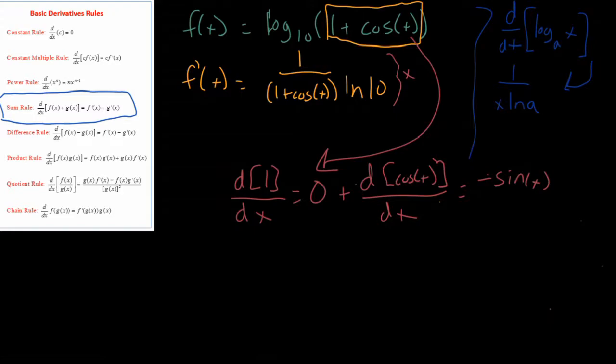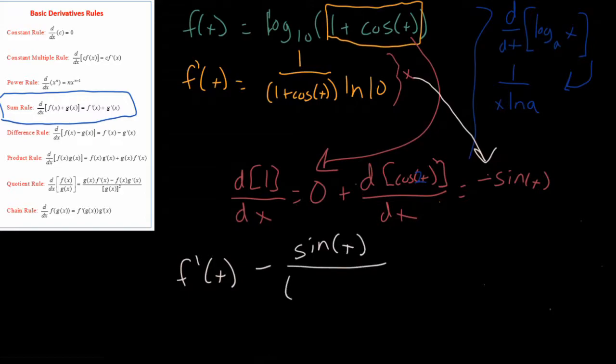And it's important too that if this was cosine of, let's say for instance, 2x, I would have had to do the chain rule again. But in this case I don't, so my final answer, I'll write down here. Remember that this is being multiplied by that right there. So our final answer is going to be negative sine of x over 1 plus cosine of x ln 10.